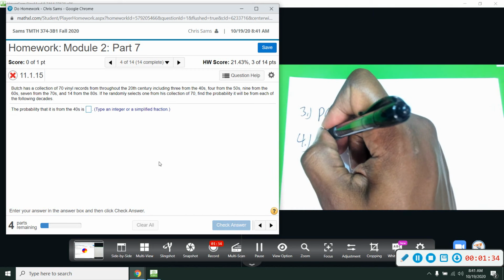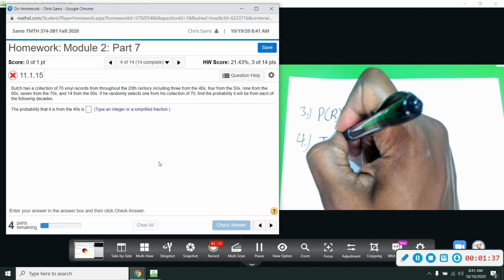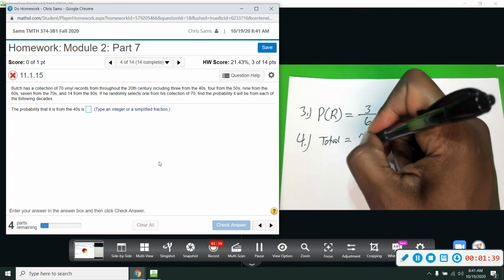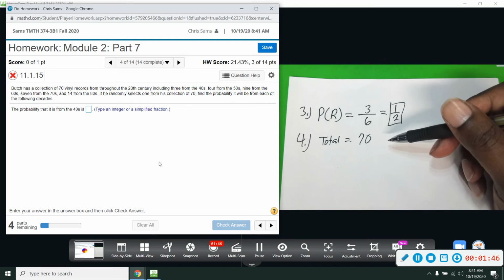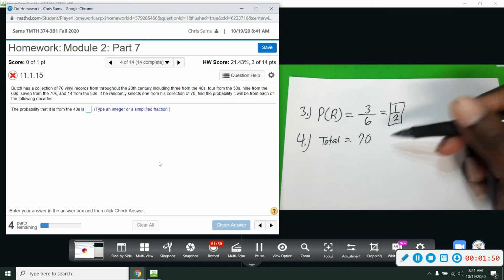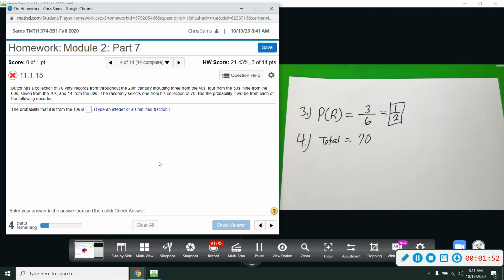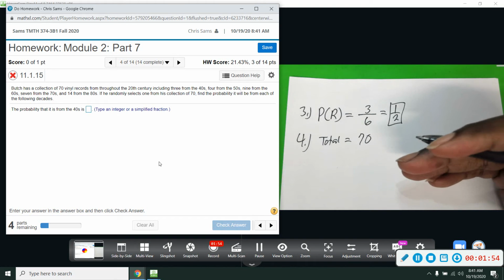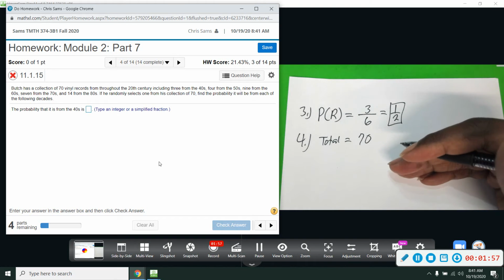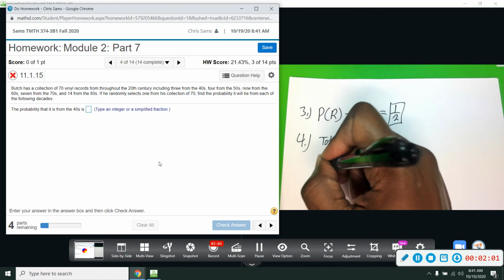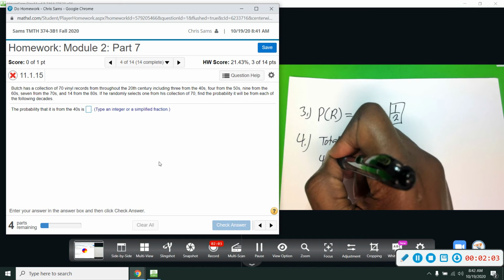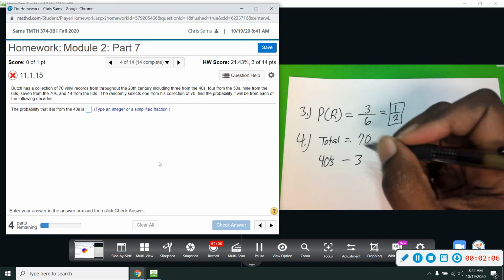So total, we have 70. They told us that twice. He has a collection of 70 in the beginning, and at the end they tell us 70 again. Now, it says from throughout the 20th century, so that's 100 years. And then they give us specifically how many he has from some of these decades. So 40s, he has 3.